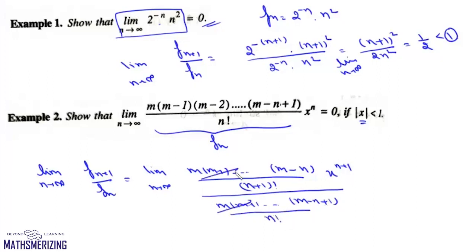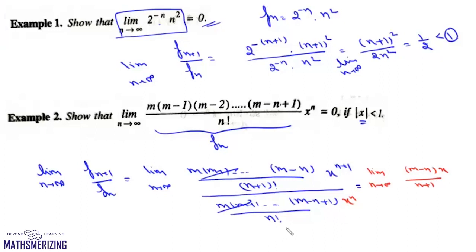Now here all these terms will cancel. So what we'll get is limit n tends to infinity (m minus n), here we'll also have x to the power n into x, upon n plus 1.